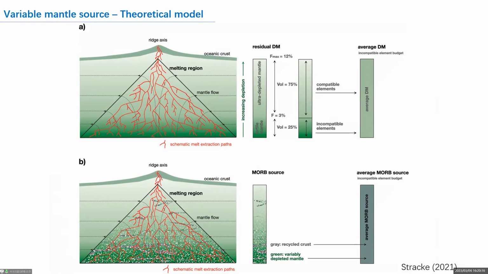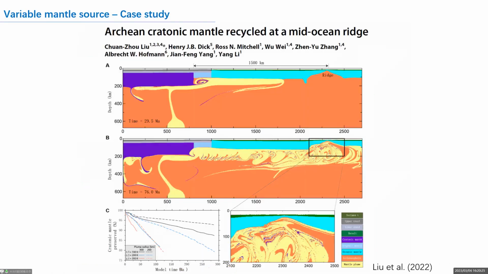Not to mention the lower part, where oceanic crust is recycled back to the mantle source. And as a matter of fact, there is some case study that could support Stracke's model.